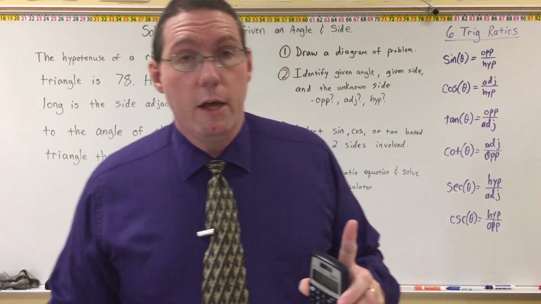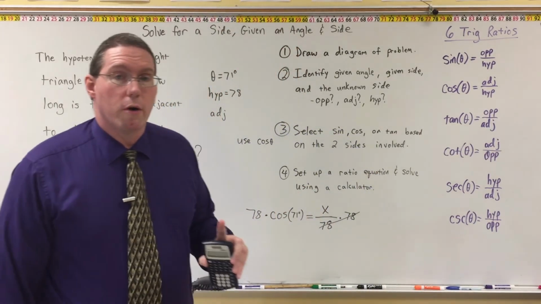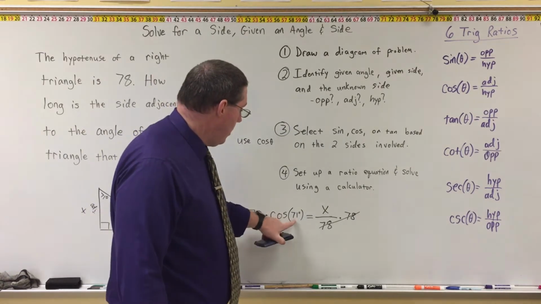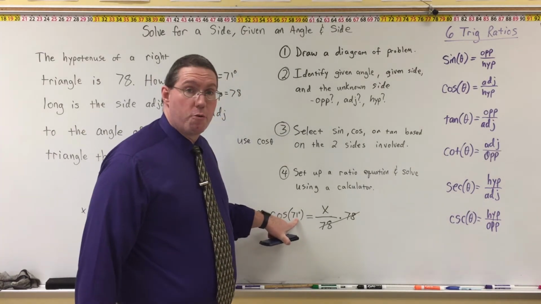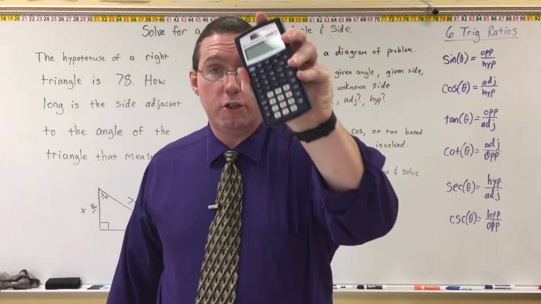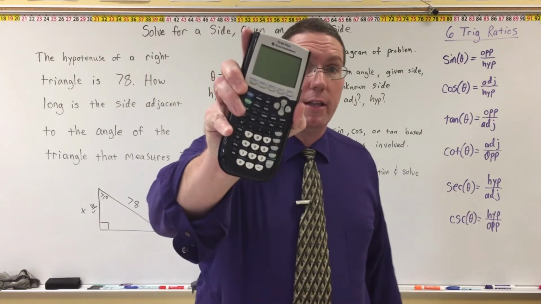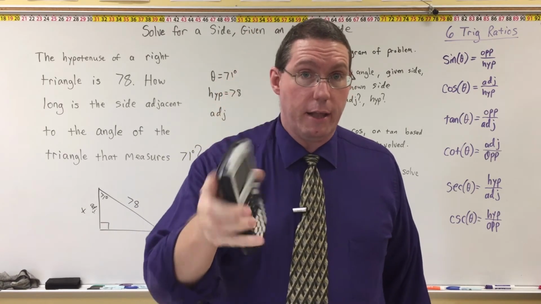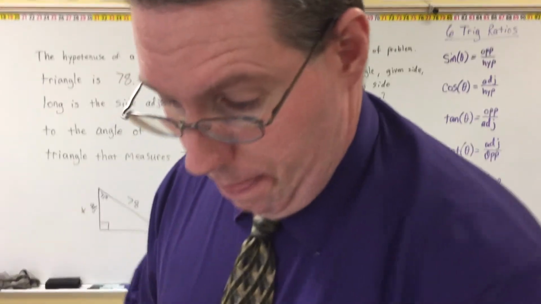But here's the key. You need to make sure that you set the mode of the calculator to degrees before you solve this. Now, some calculators usually start out in degrees, but these calculators usually start out in radians. So if I want to use this calculator, let me show you what I have to do.